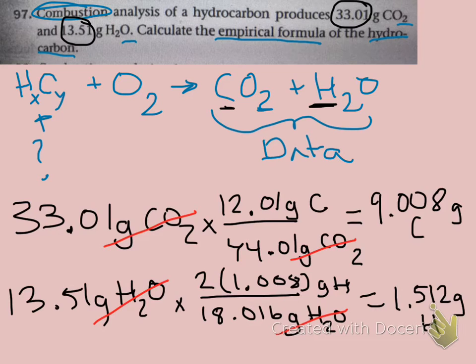After doing the math, please notice which units cancel out and which units we're left with. You should get about 9 grams of carbon and 1.5 grams of hydrogen.